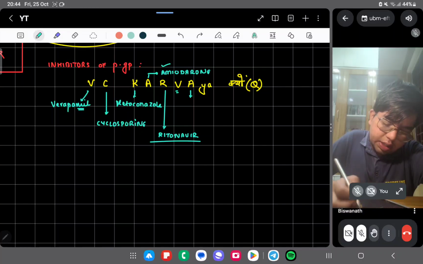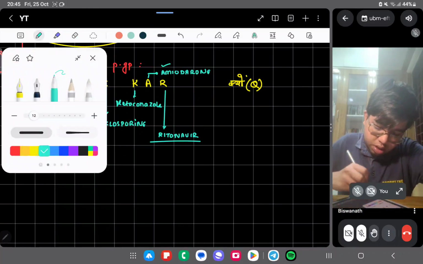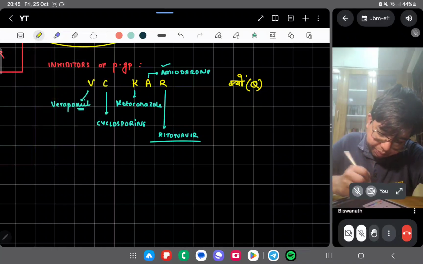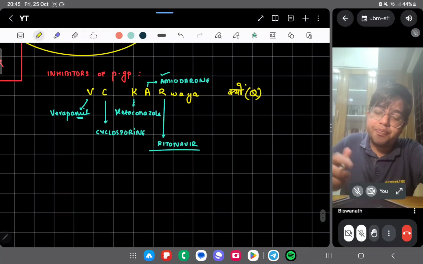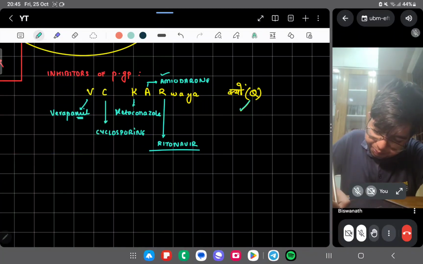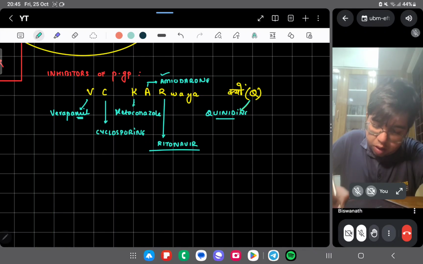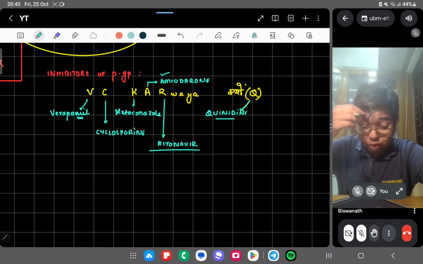Okay, you can just write this in small letters. And Q stands for quinidine. Understood? So this is the mnemonic.